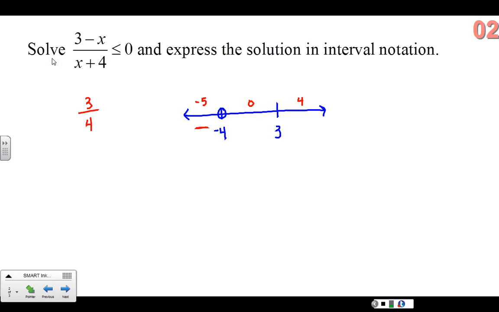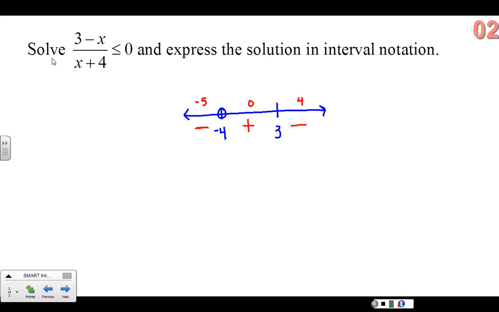So 3/4 is positive. So we're positive in this interval. And then lastly, let's check the positive 4. 3 minus 4 would give me negative 1, and then 4 plus 4 would be 8. So that's a negative number. So that's a negative interval.